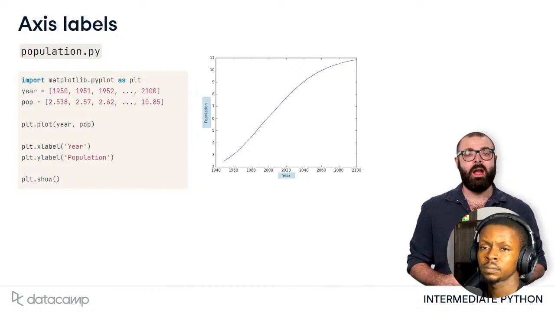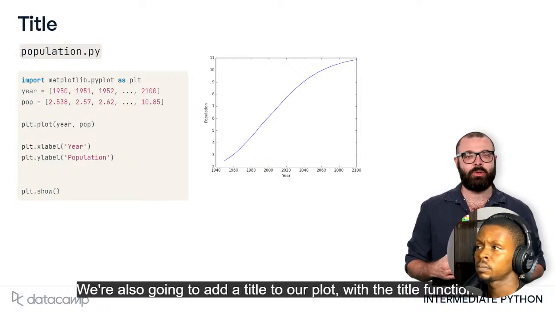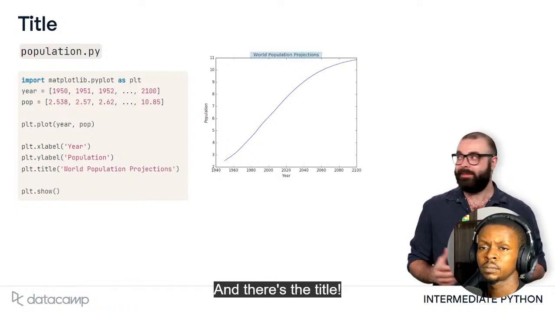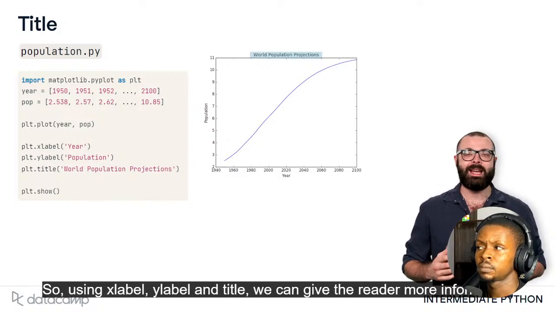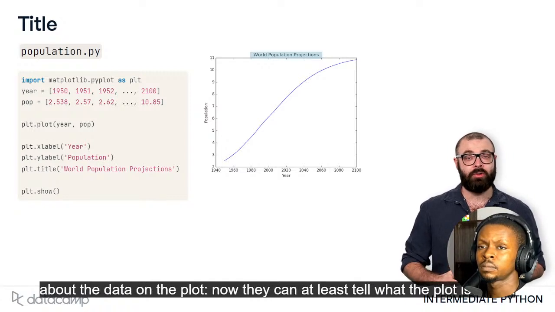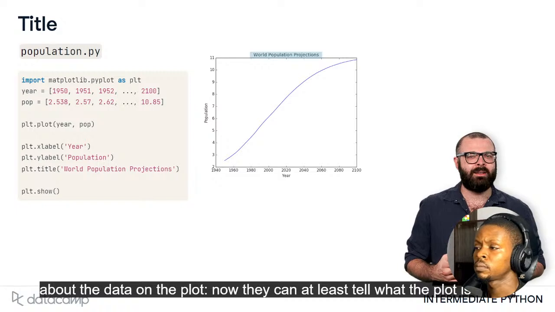Fantastic! We're also going to add a title to our plot with the title function. We pass the actual title, World Population Projections, as an argument. And there's the title. So using xlabel, ylabel, and title, we can give the reader more information about the data on the plot. Now they can at least tell what the plot is about.